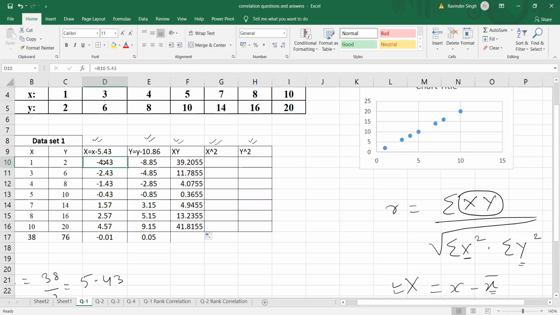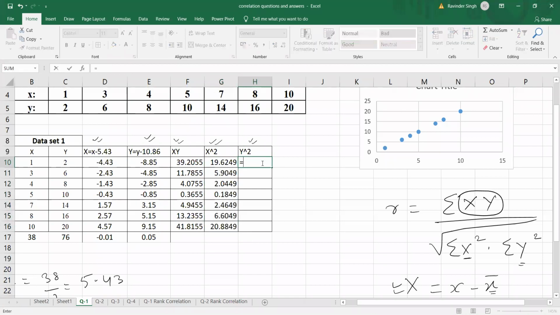X square means the capital X whole square. Now you can see minus 4.43, when it is squared, becomes a positive value. We just drag this down. All the values have been calculated. Next, we have to find the capital Y square value. This is capital Y, and just square this.